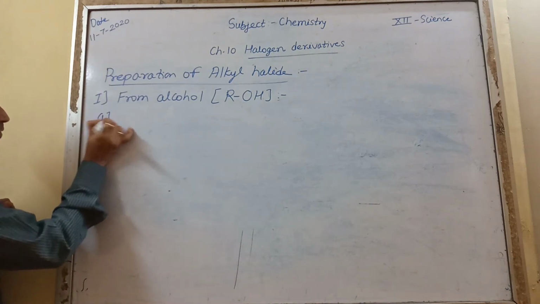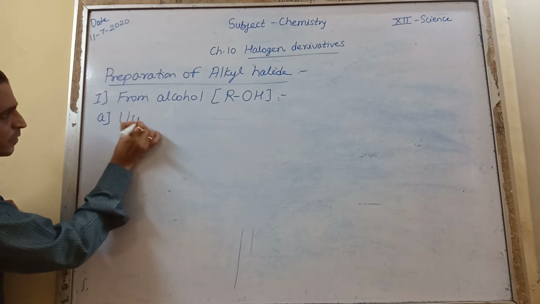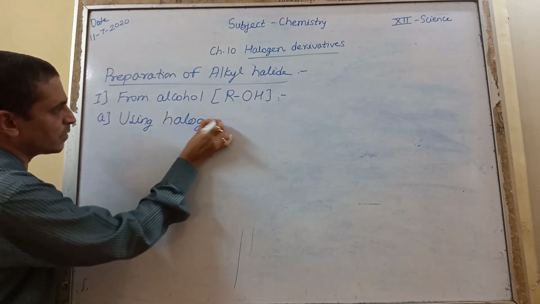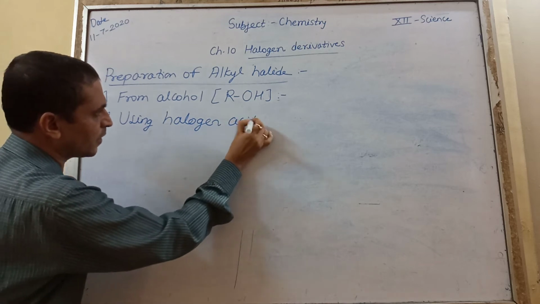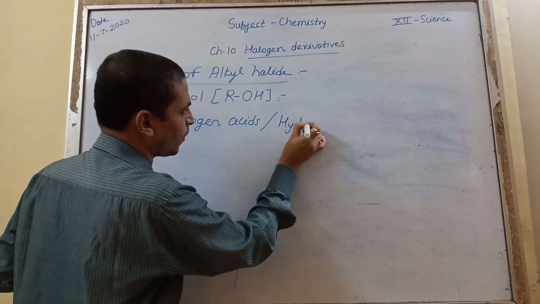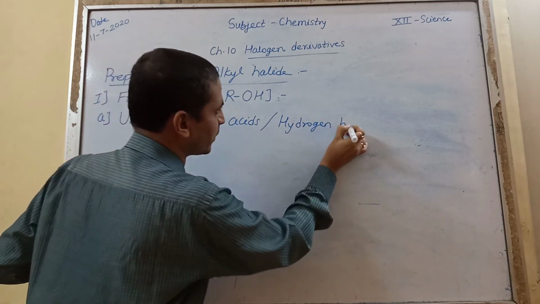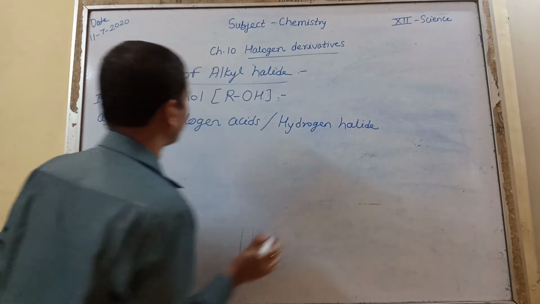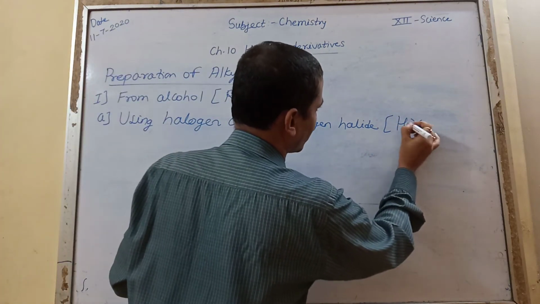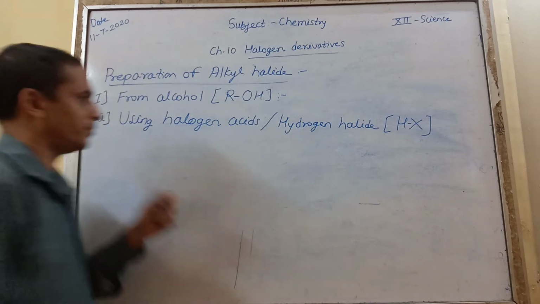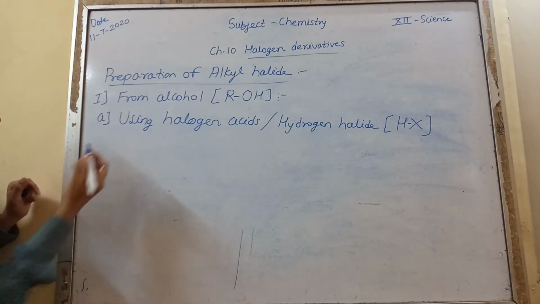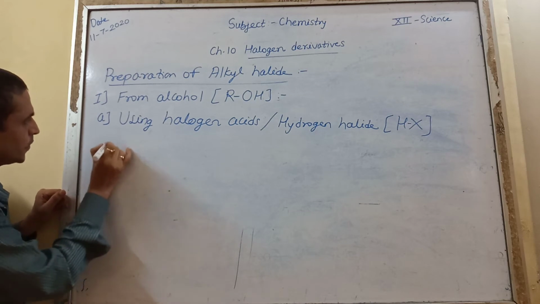First we consider using halogen acids. They are also called hydrogen halide. They are shown by HX. X is what? Halogen. I am writing the reaction.